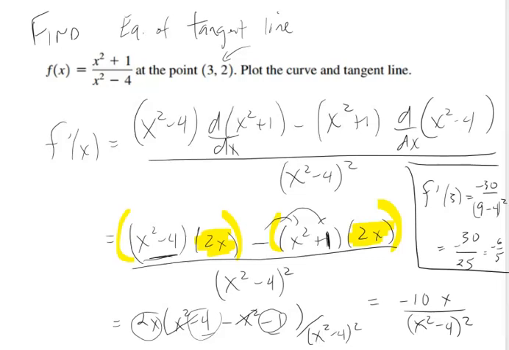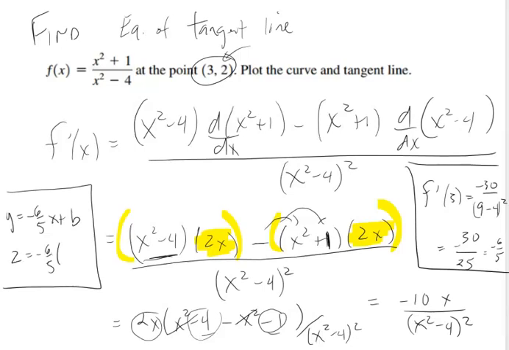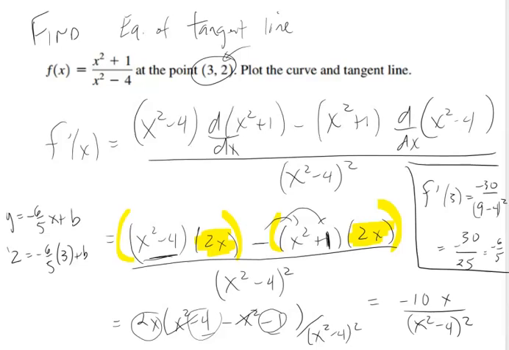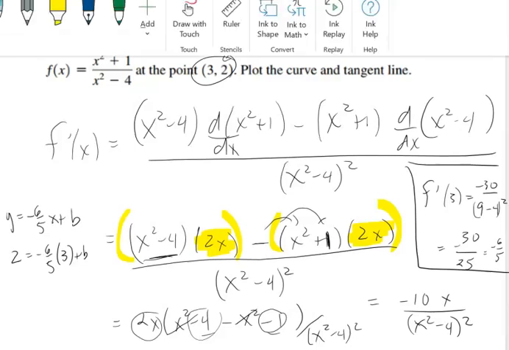And now I just need to find the y-intercept. So let's do that. y equals mx plus b, negative 6/5 x plus b. Plug in your point, 3 comma 2: 3 in for x, 2 in for y, and then solve that for b. Got some algebra to do here.